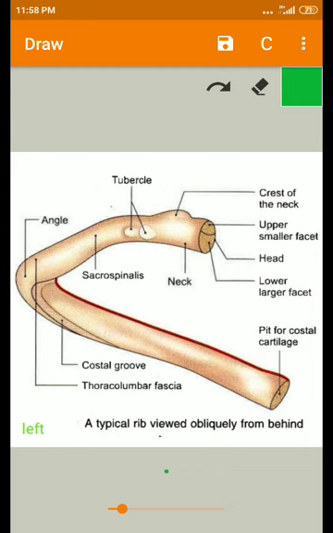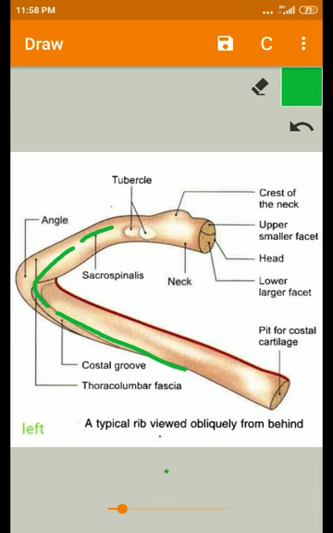Dear students, welcome back. Now we are going to see characteristics of a typical rib. A typical rib is a curved, angulated and twisted bone.